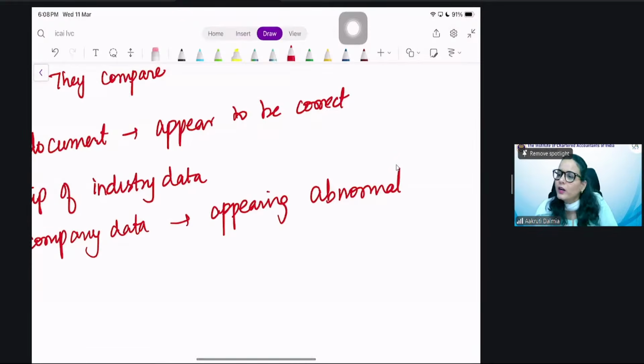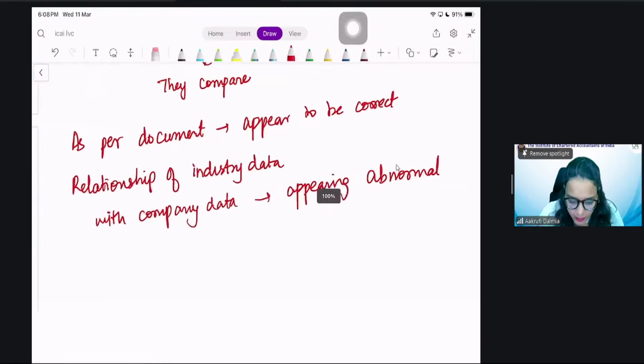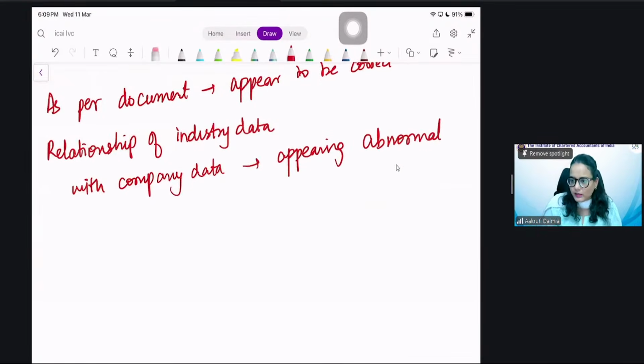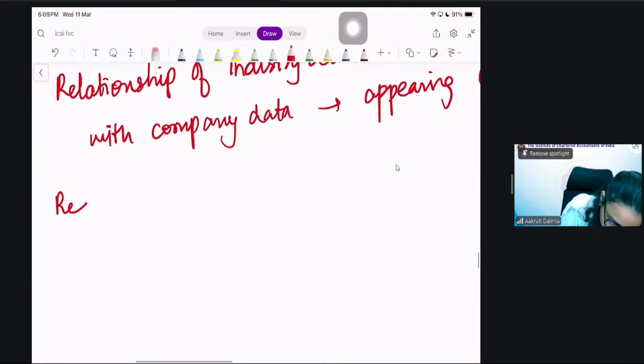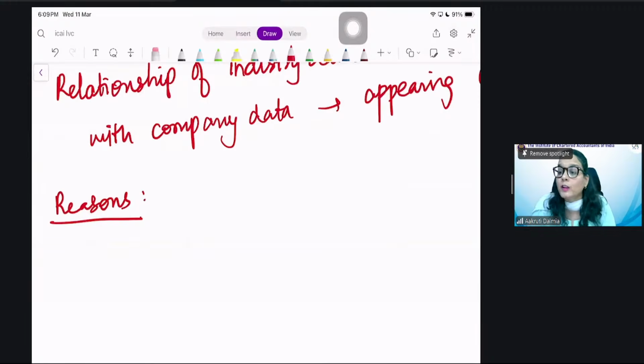Now, what do you think are the risks? What can be the reason? What do you think can be the reasons? Can anyone type? What do you think can be the reasons for such an abnormality? Let's see. Think like an auditor.